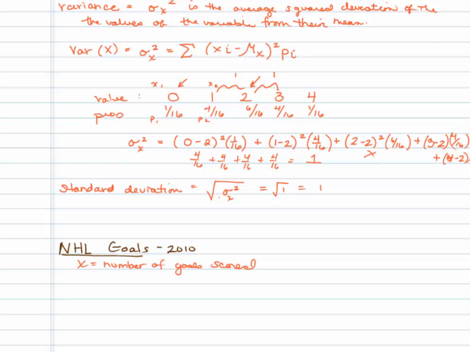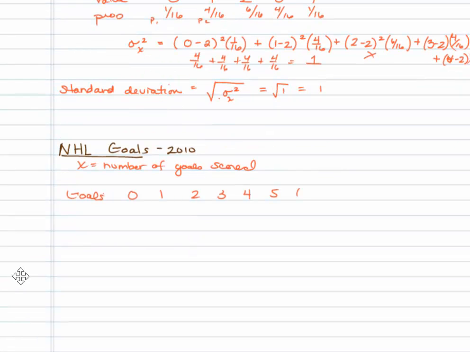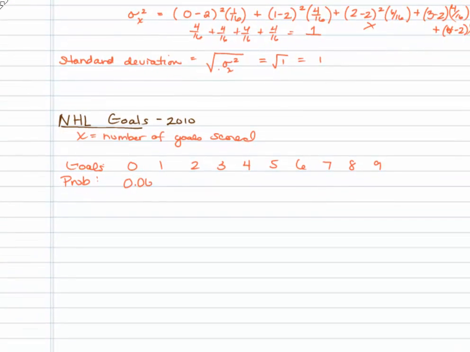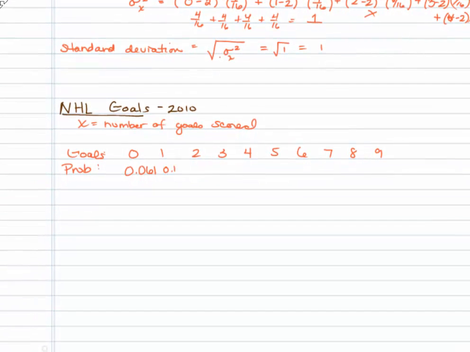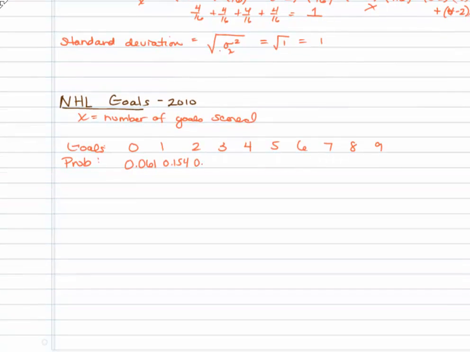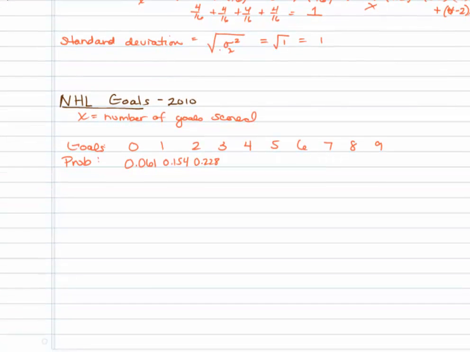the probability distribution chart would have your goals. There was 0. I believe they went all the way up to 9. And the probability of getting 0 was 0.061, 0.154, 0.228, 0.229.